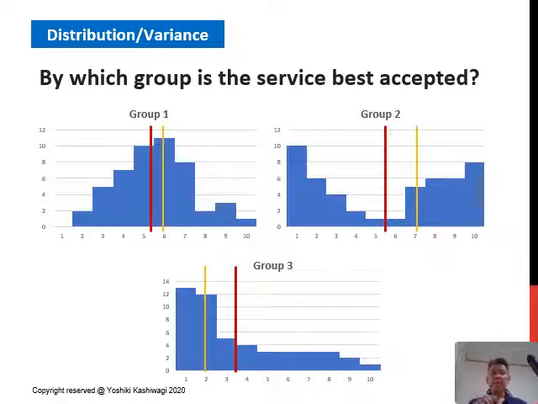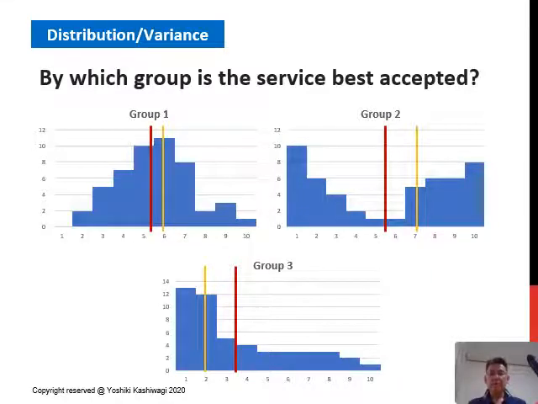That means half of the people in group 3 put 1 or 2. That's the lowest score. And the other half put 3, 4, 5, 6 or something. So I have no right answer.